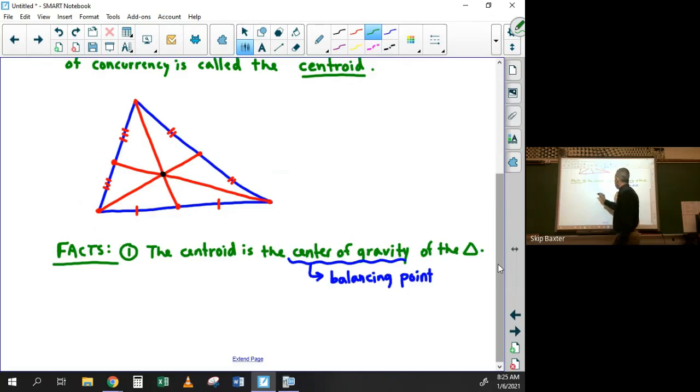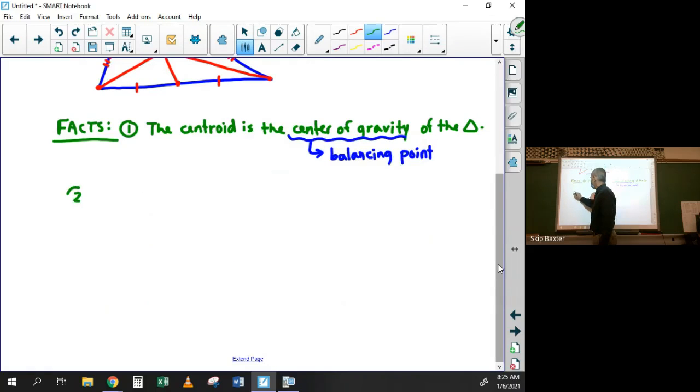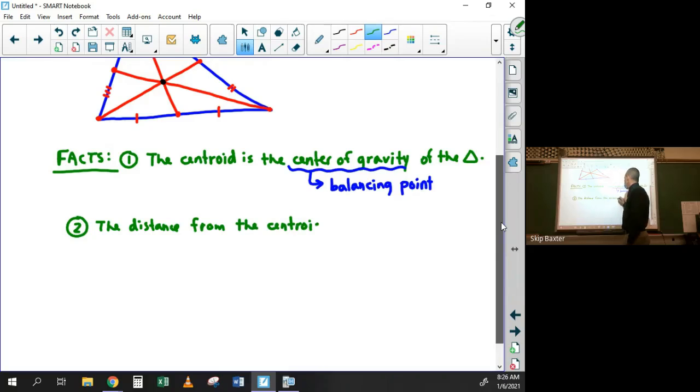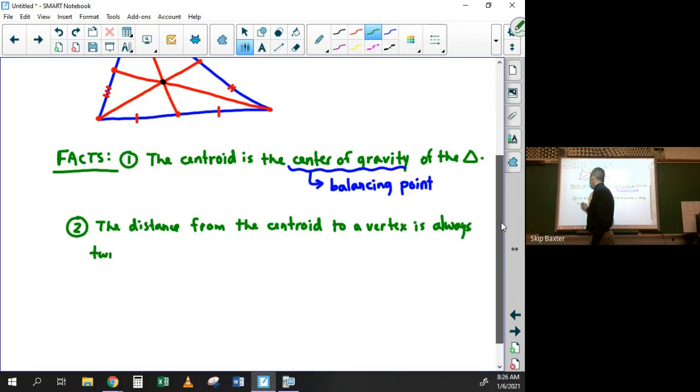Another important property is a more analytical property, and it is this. The distance from the centroid to a vertex is always twice the distance from the centroid to the opposite side.